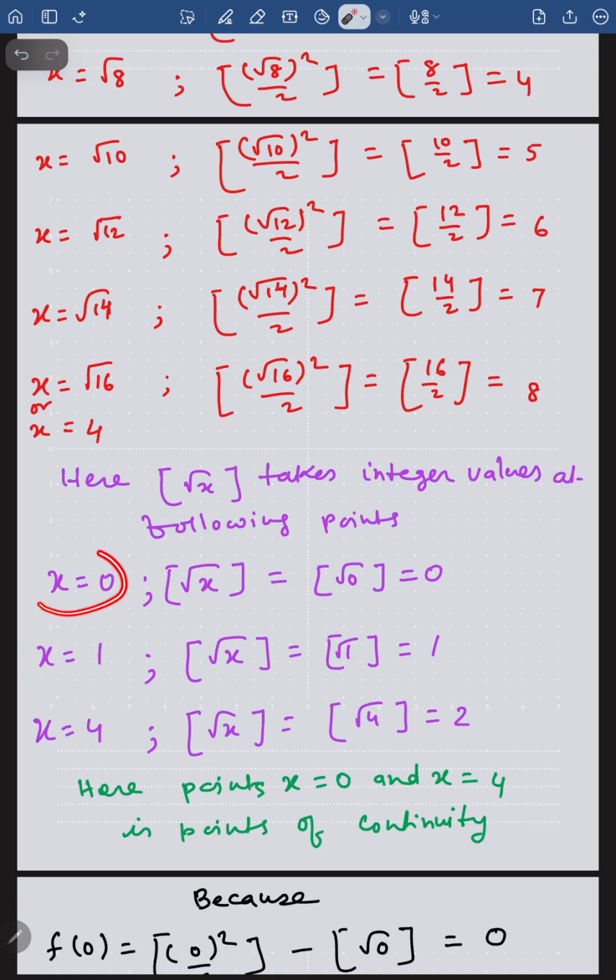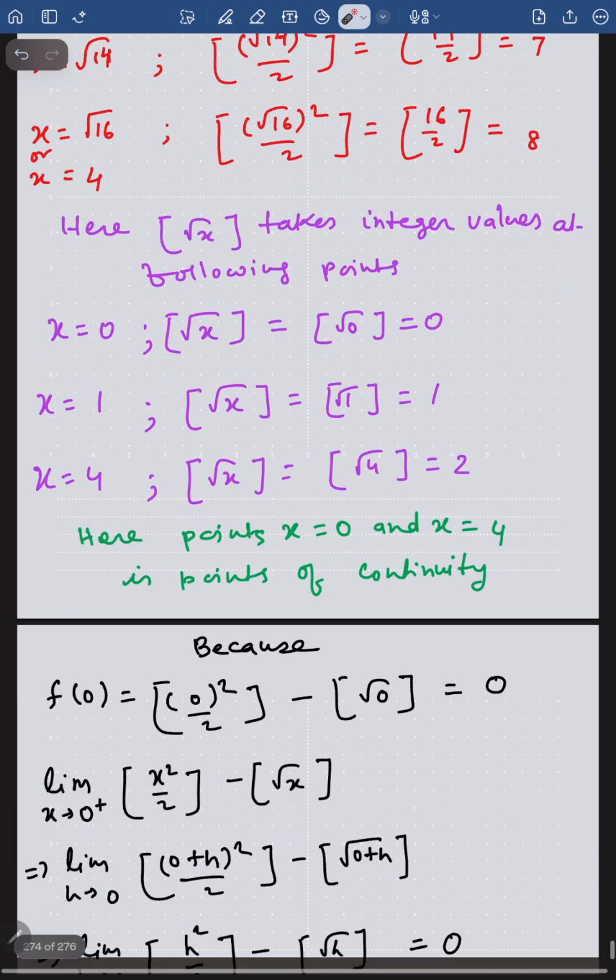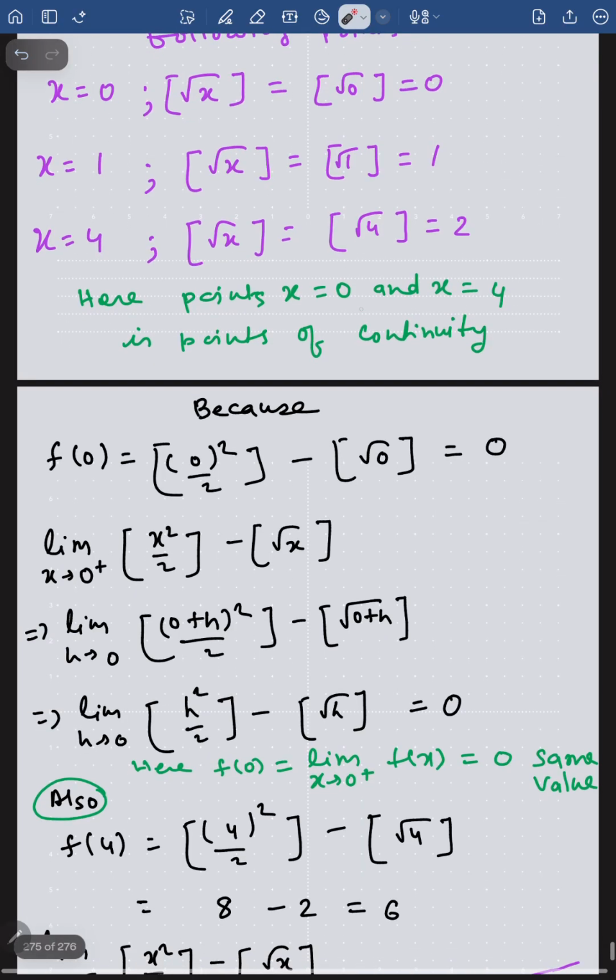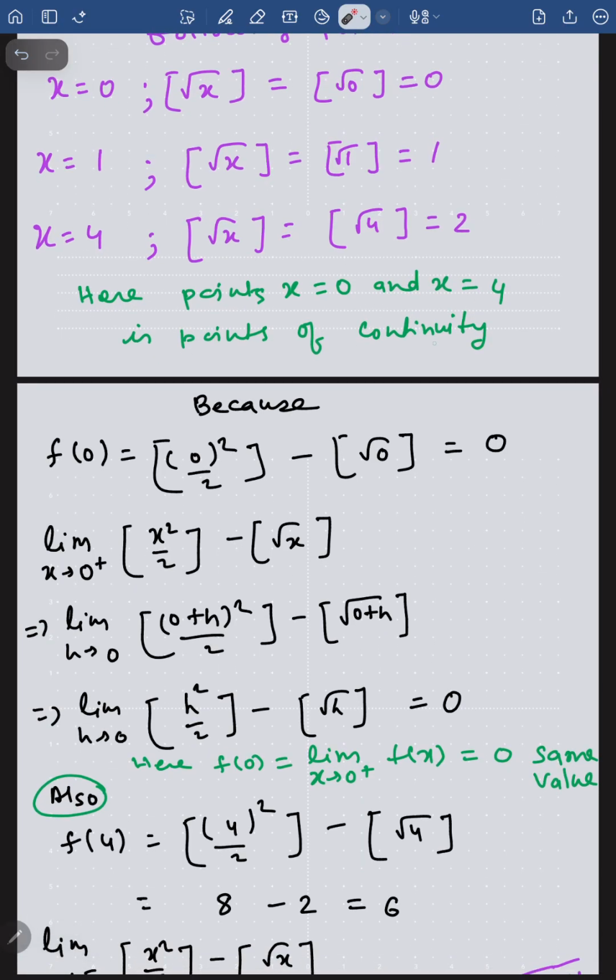But we will check for the discontinuity or continuity at x equal to 0 plus and at x equal to 4 minus, for both the functions. So let us see. Here x equal to 0 and x equal to 4 are points of continuity, because f(0) is directly 0 square upon 2 minus root under 0, equal to 0, no problem. When you take the limit x tends to 0 plus of x square upon 2 minus root under x, means 0 plus h square upon 2.